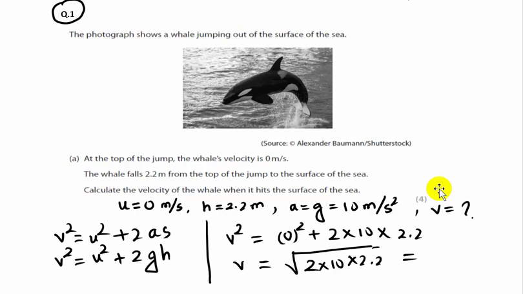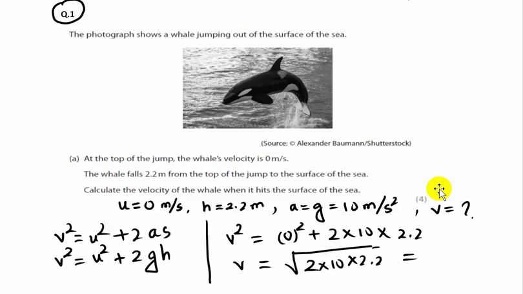So the answer will be, after calculation, root over 2 into 10 into 2.2.